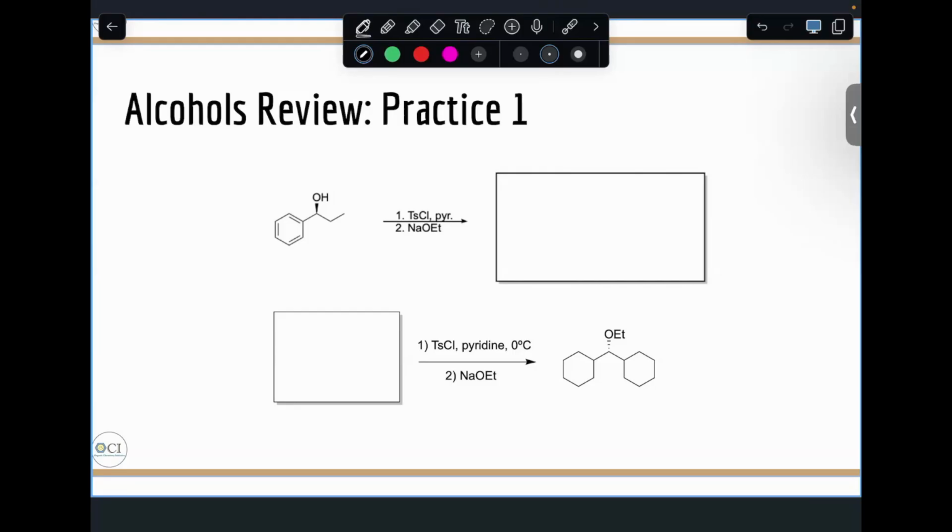Okay. All right, so going through this first one, after the first step, they'll turn it into an OTs, which then becomes a good leaving group that we can use for a substitution reaction.